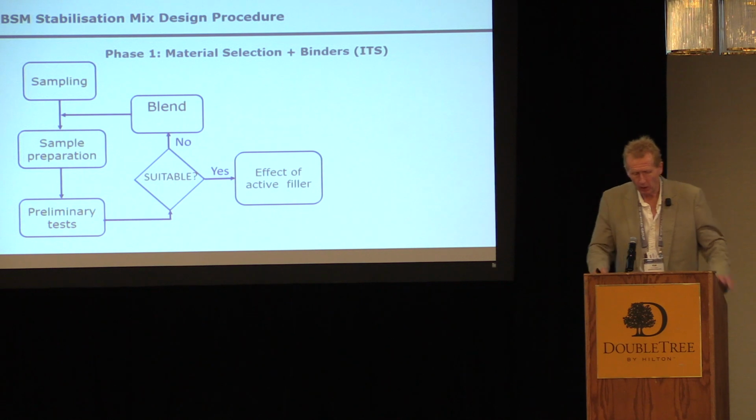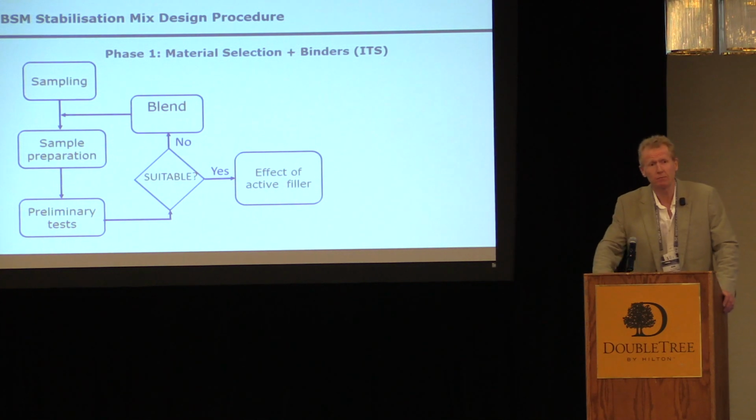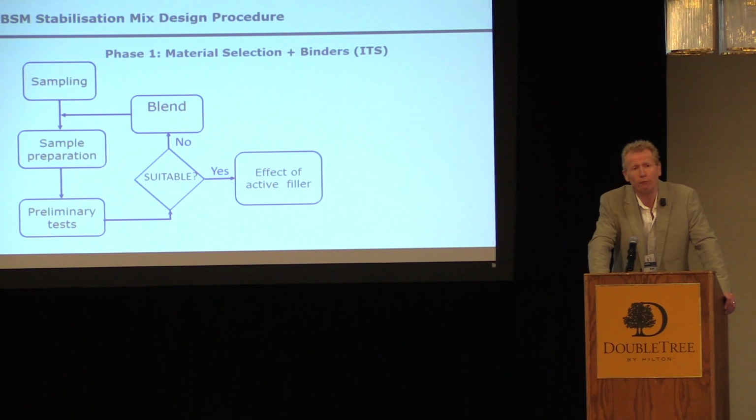So one can go through that loop, and obviously if you don't have exactly the right grading you require, it is possible to blend, and this is a successful way of turning a sow's ear into a silk purse, if I can put it that way. You can improve the quality of the material just by blending the right components into it.